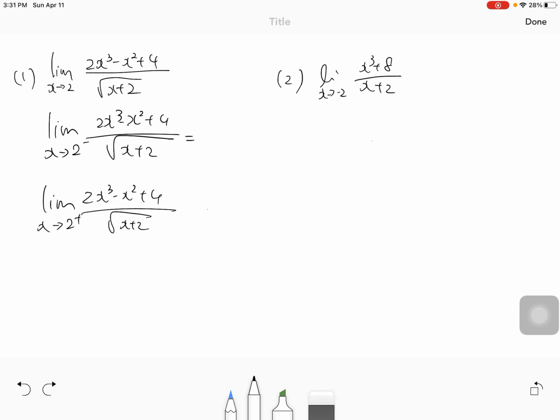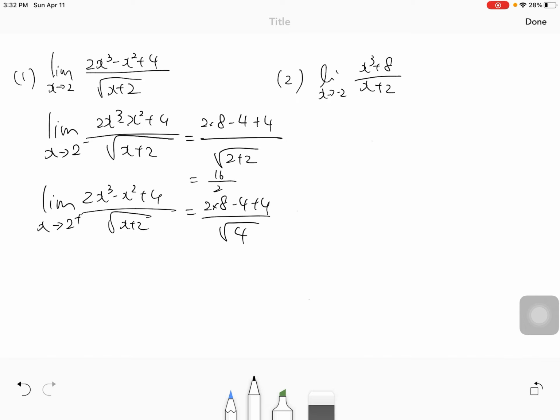So let's do it. 2 times 2 cubed, which is 8, minus 4 plus 4, over square root of 2 plus 2. And it's going to be the same: 2 times 8, minus 4 plus 4, over square root of 4. Which is 16 minus 4 plus 4 over 2, which is 8.